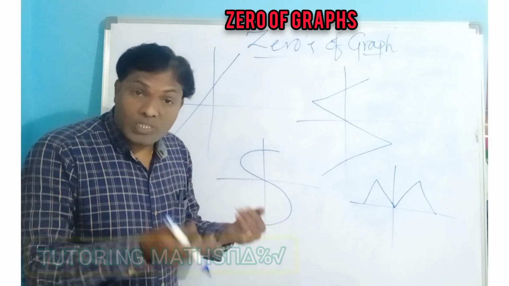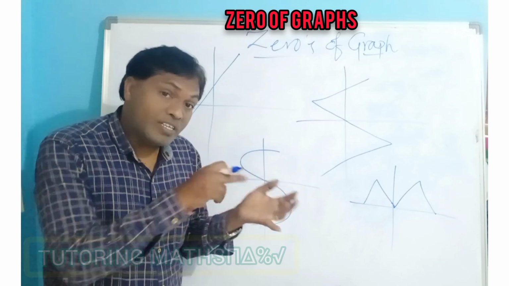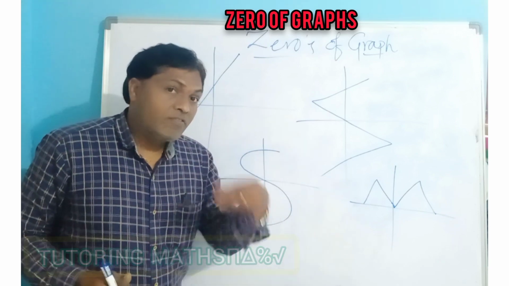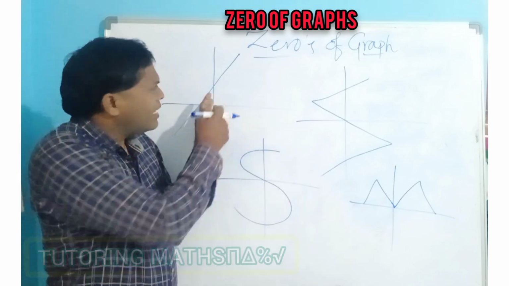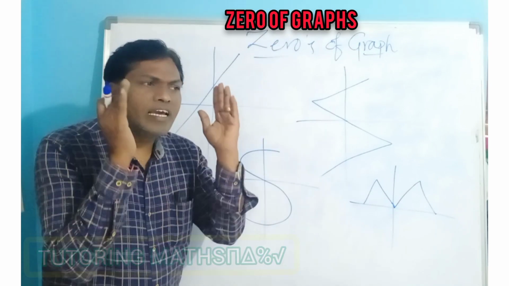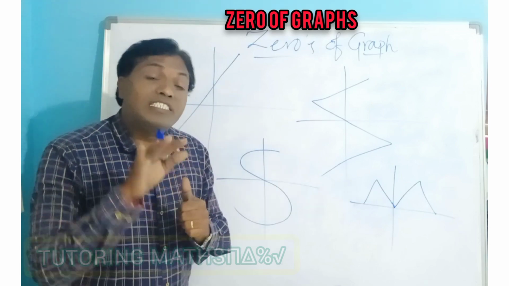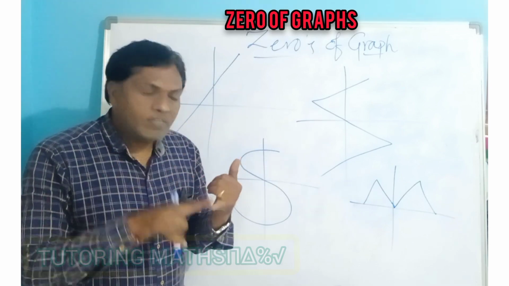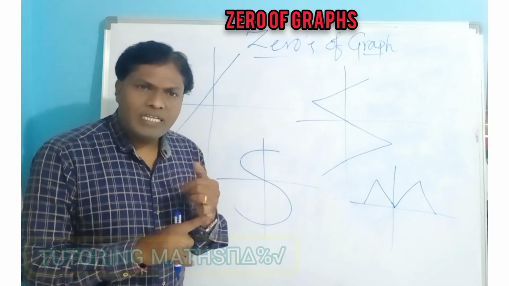Just now we have discussed the zeros of the polynomial. When values are given, we substitute the values in the polynomial and check whether they are zeros of the polynomial or not. Now, when a particular graph is there, how do you find zeros of the graph?